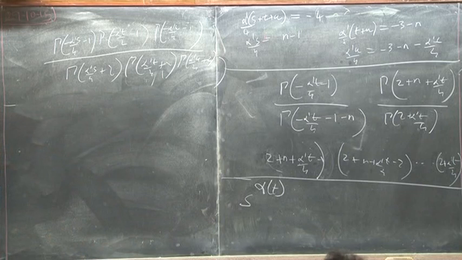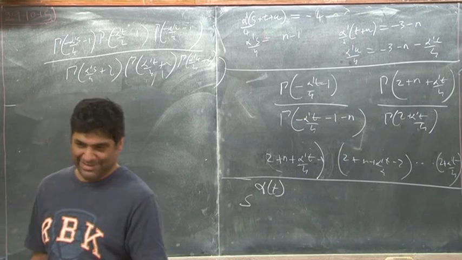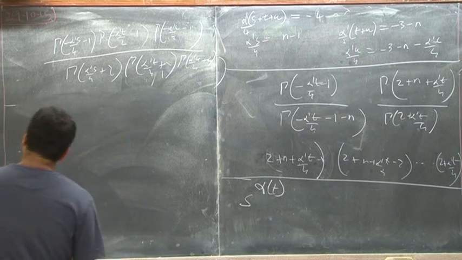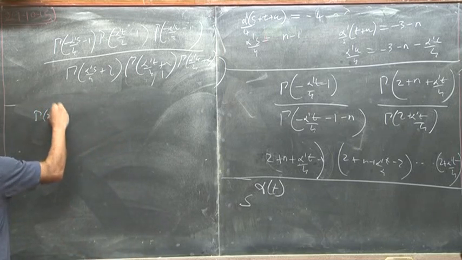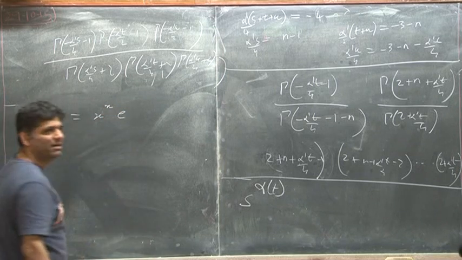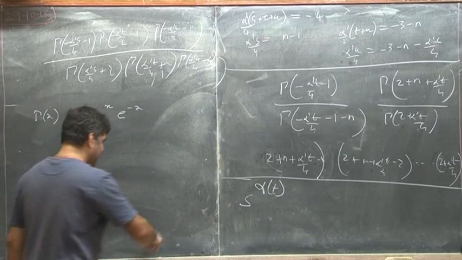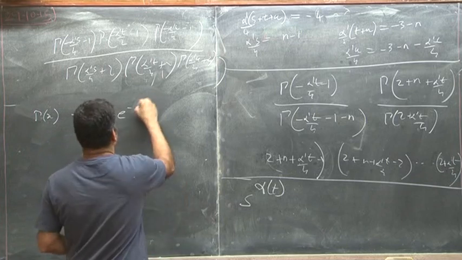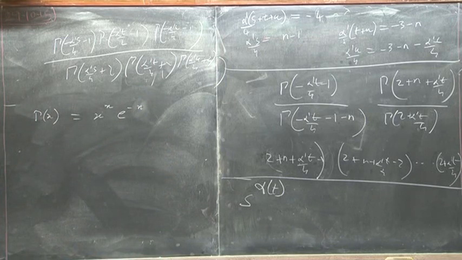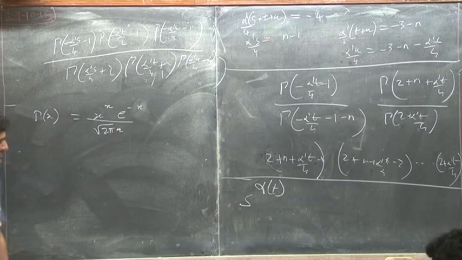Okay, so when we do that, we're going to use this famous approximation for the gamma function. The famous approximation is that gamma of x is equal to x to the power x times e to the power minus x, and then there are some corrections, like 1 by x.